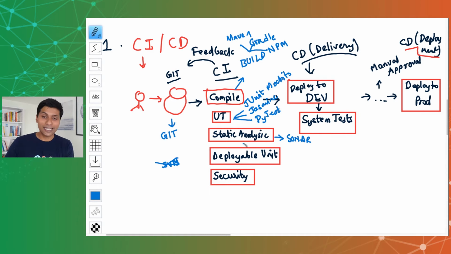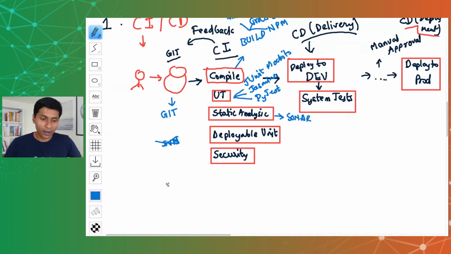Now, to be able to run CI/CD, you need some kind of a tool. If you look a few years back, the most popular one was Hudson. From Hudson, we moved on to, I would say, Jenkins. So in the last 5 years, I would say the most popular one to do CI/CD, to execute the pipelines and all that, is Jenkins. And now we are slowly moving towards the cloud.